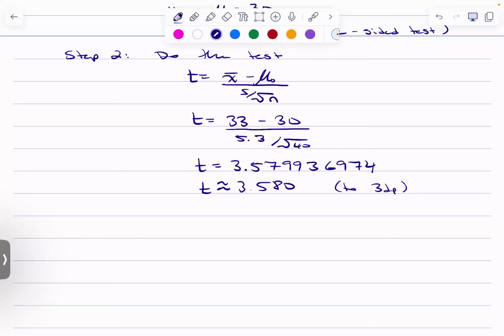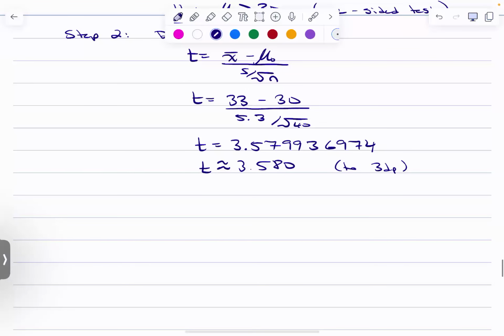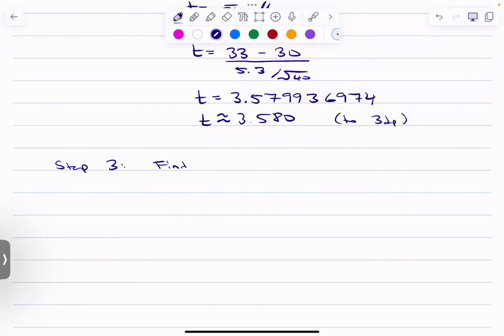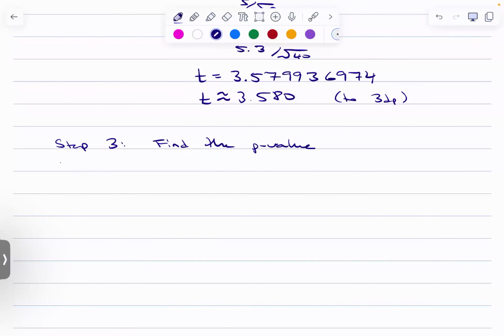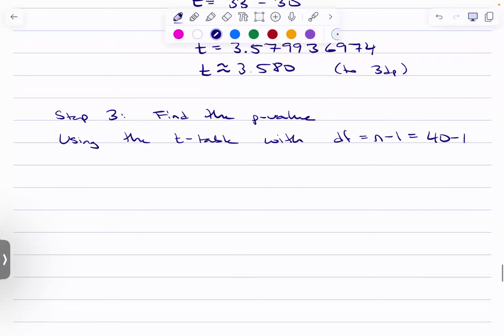Step 3. Find the p-value. If you've calculated a t, you have to use the t-table, which means you have to have your degrees of freedom. So, using the t-table with degrees of freedom equal to n minus 1, that's on your formula sheet, right? Which is 40 minus 1, which means your degrees of freedom is 39.